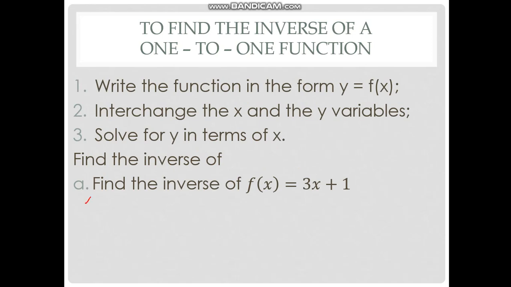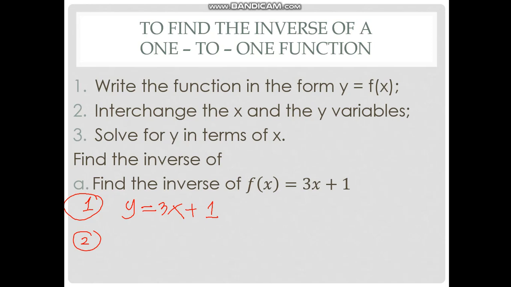So for step 1, you are just going to rewrite this in the form y is equal to f of x. So you will just change f of x by y. So this will become y is equal to 3x plus 1. That is for step 1.